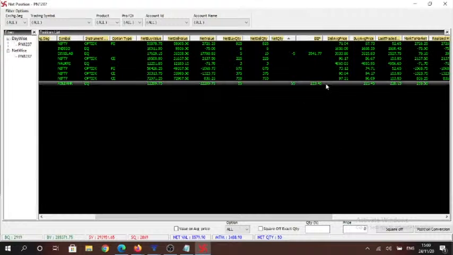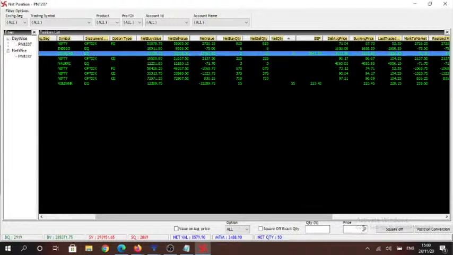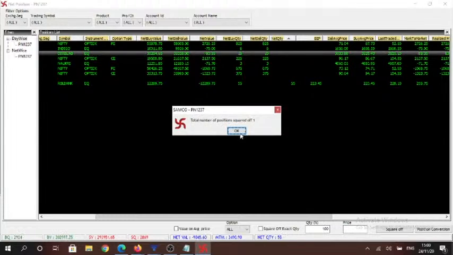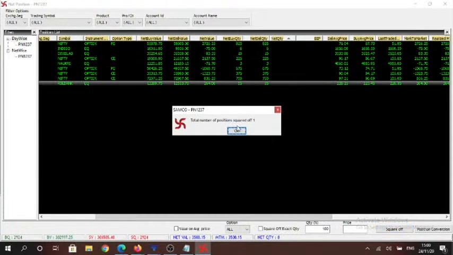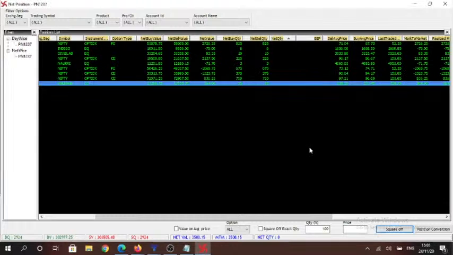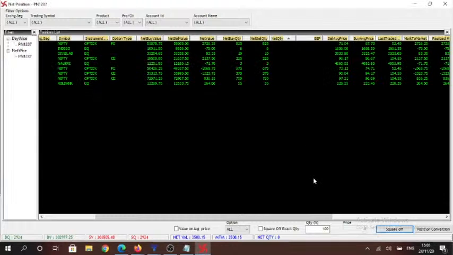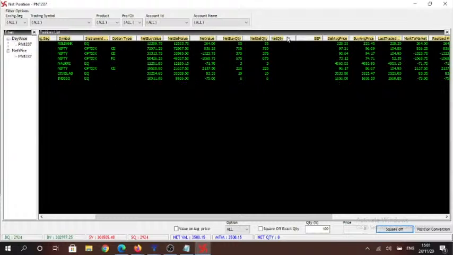Now we're going to square off our positions. So we have squared off our positions for the day, and now we don't have any position left.